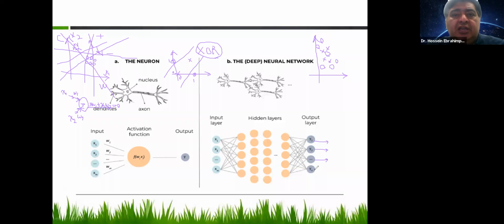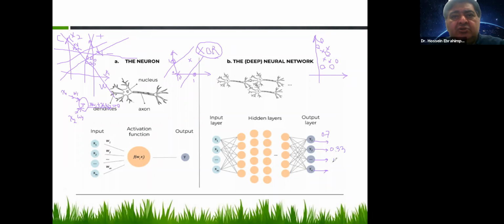For example, if you put the first neuron for the oranges and it says, okay, this fruit that you showed me is 0.7 orange. The other neuron says, okay, it is 0.33 apple.